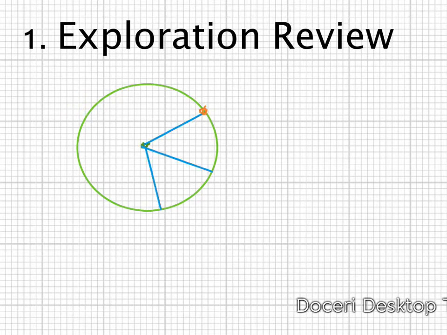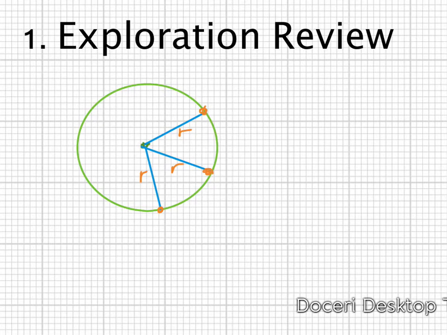And this distance, as you know from geometry, is called our radius, and we designate that with an r. So all those radii are the same. It's the same distance all the way around.